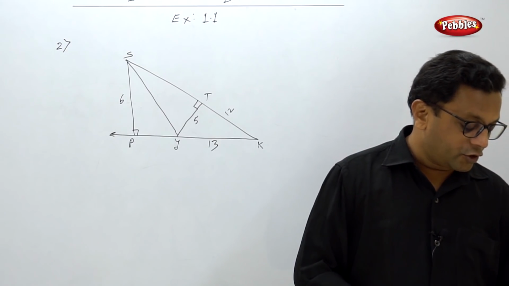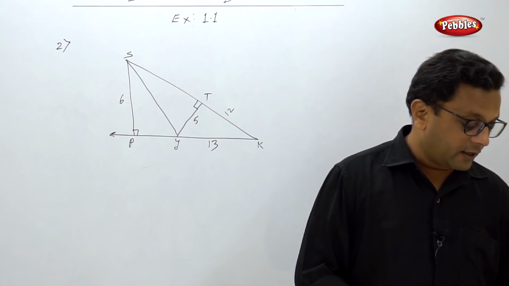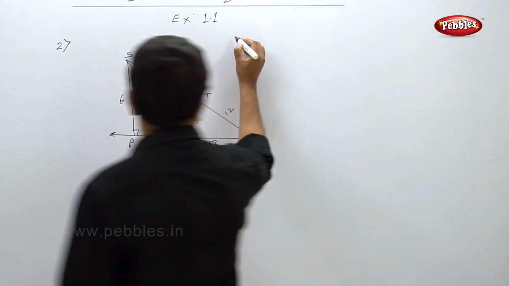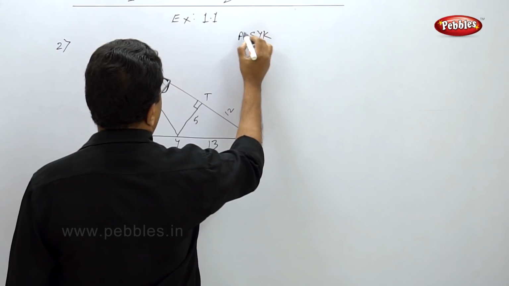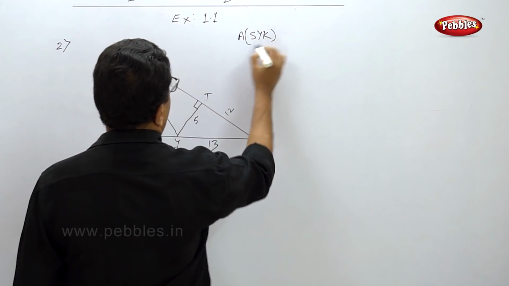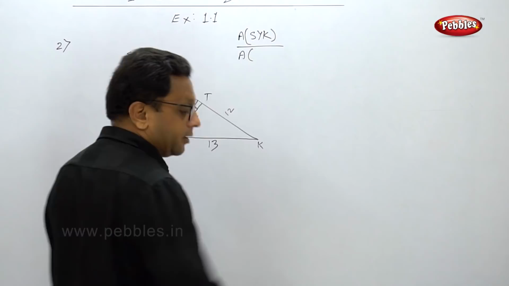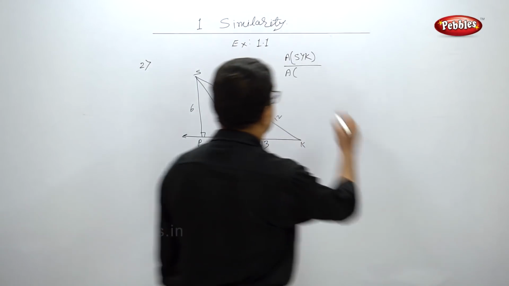Then find the ratio of the area of triangle SYK upon the area of triangle YTK.